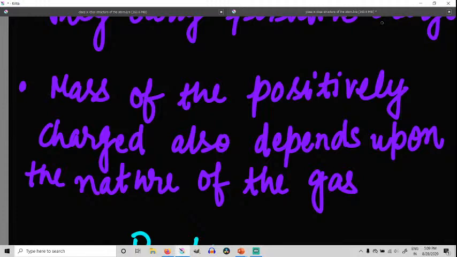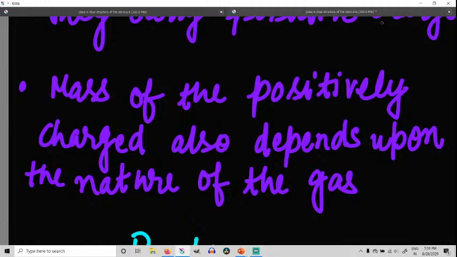That is, by studying the extent of deflection of the anode rays by applying an electric field and a magnetic field of definite strength, they calculated the charge upon mass ratio, that is e/m.